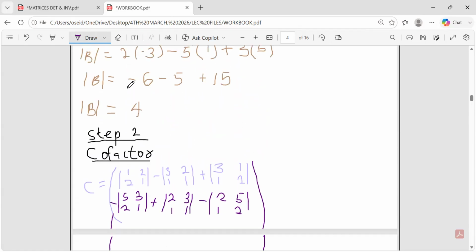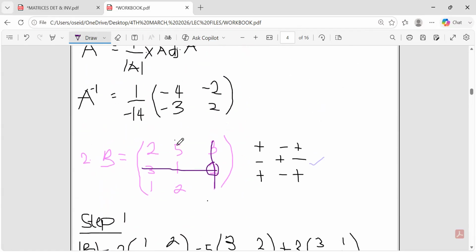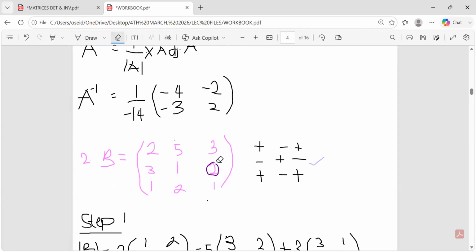Then move on to the next row, which is the last row.